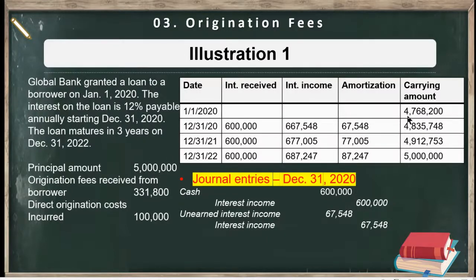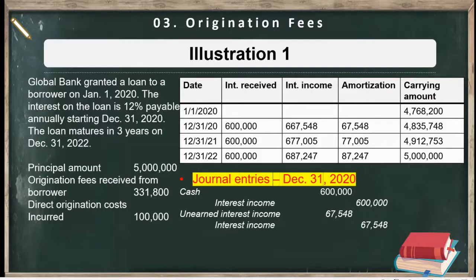So therefore, 4,768,200 plus 67,548, that would be 4,835,748. So alam mo na siya og add until ma-reach na ang 5 million pesos.